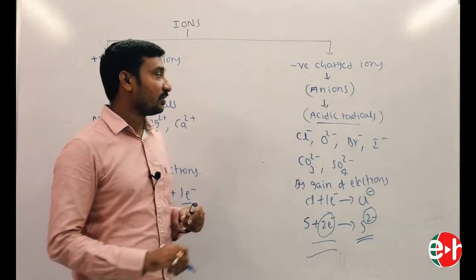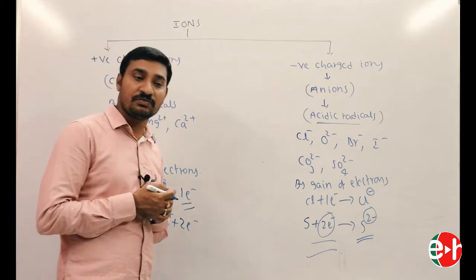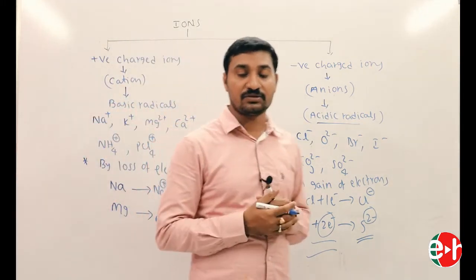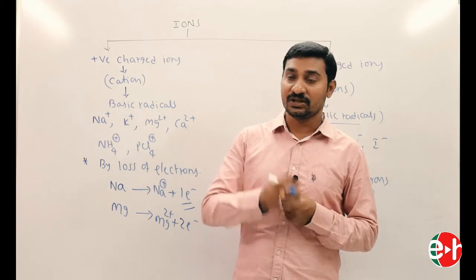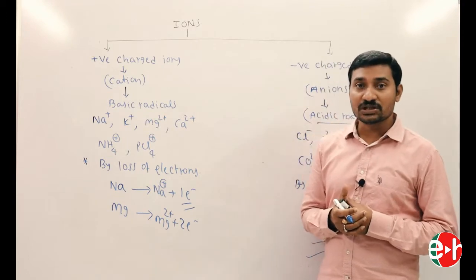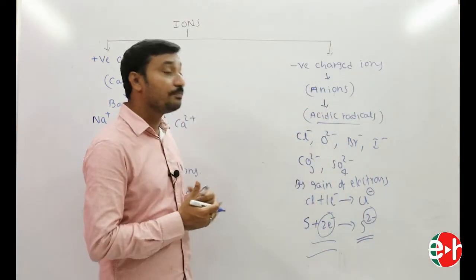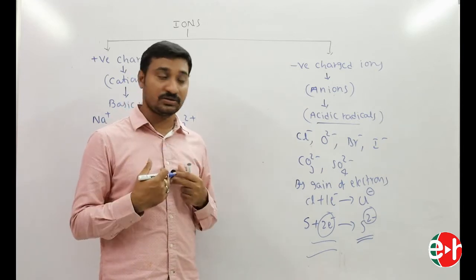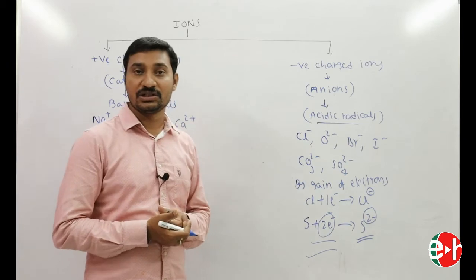Okay, got it? How is a positive charge, a cation, formed? By loss of electrons. If it lost one electron, one positive charge is present. If it lost two electrons, two positive charges are present. How is an anion formed? By gain of electrons. If it gains one electron, one negative charge is formed.